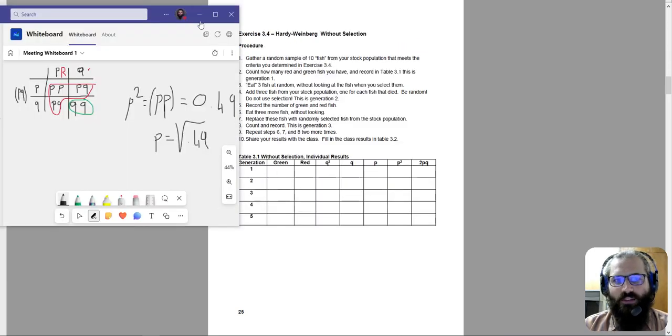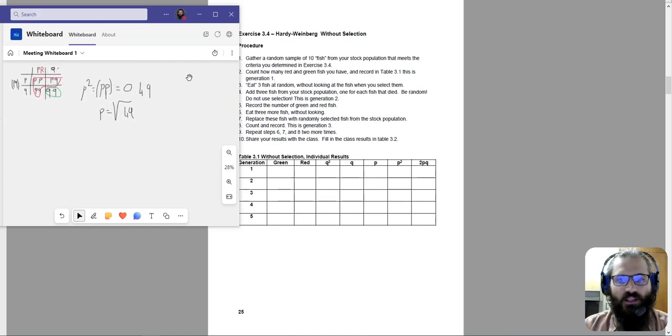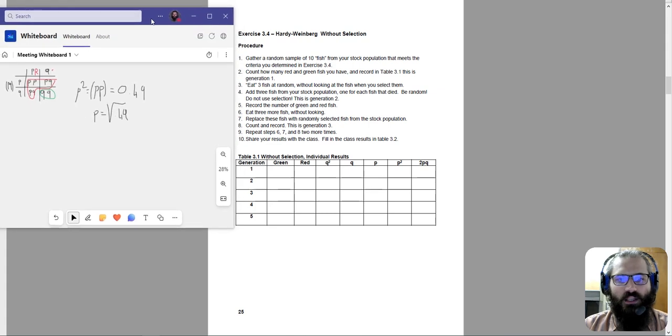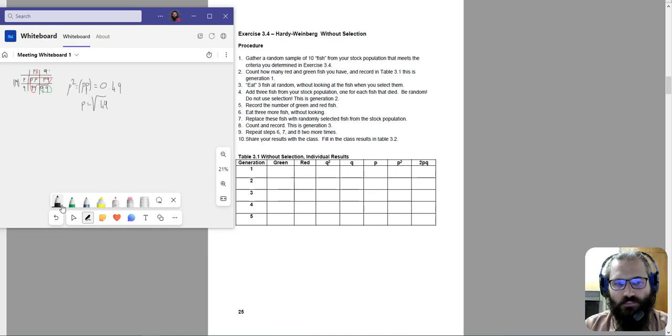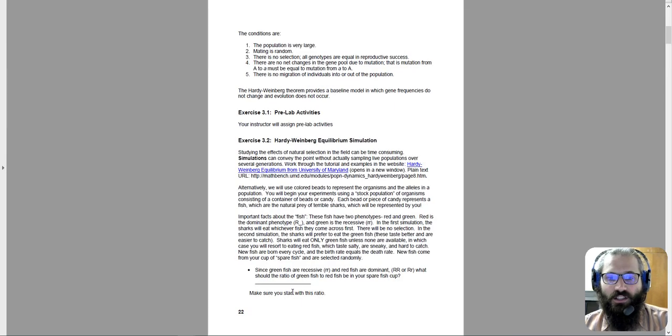I will say one thing about that table here. The reason why we start with, so you can do that at home, you can find beads or little things, you just need a lot of them, so you make a population that's 3 to 1, because when they say gather a random sample of 10 fish from your stock, the stock population is the one we talked about just here, with a ratio of 3 to 1, right?